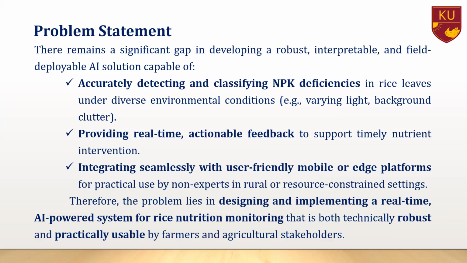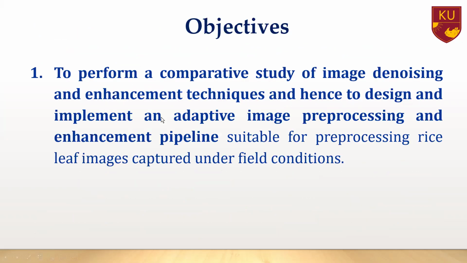So we IT people should have something to give to them so that they will be able to monitor their field with the help of devices or different applications. So we're planning to develop an AI-based framework which will support the farmers in finding solutions for their problems.